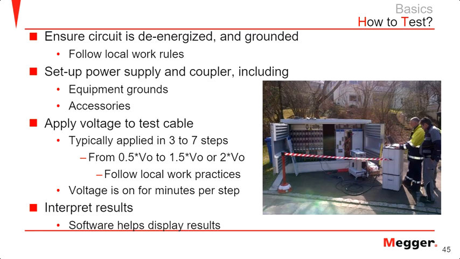Or you can also go 0.5 and then upwards up to 1.5 or 2 times U naught, and you are injecting the voltage for a couple of minutes per step. So you are just giving partial discharge enough time to excite and show up on your system. And once you're satisfied with the result, you move on to the next voltage step.